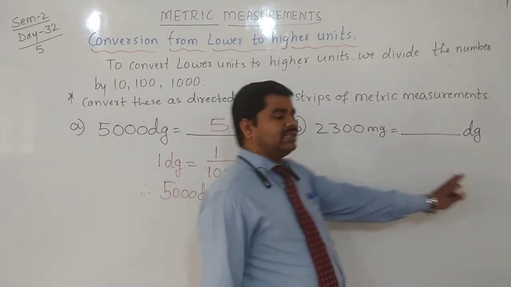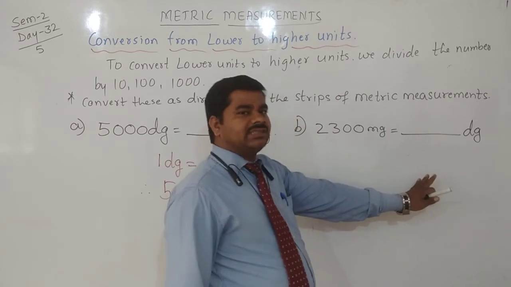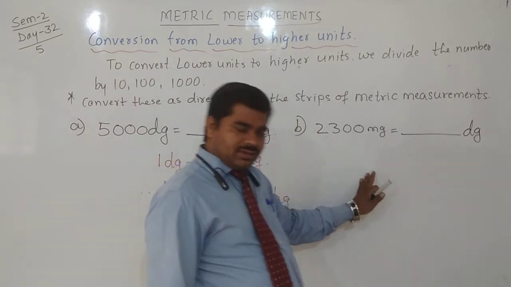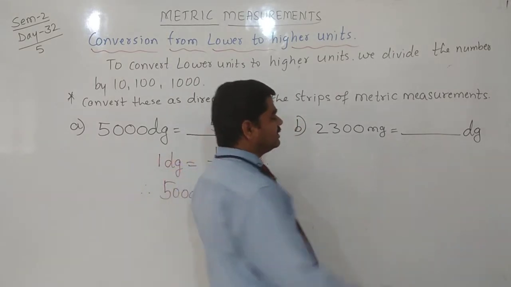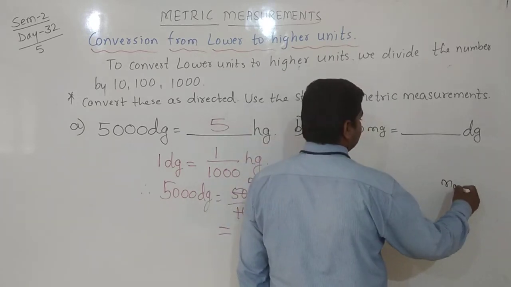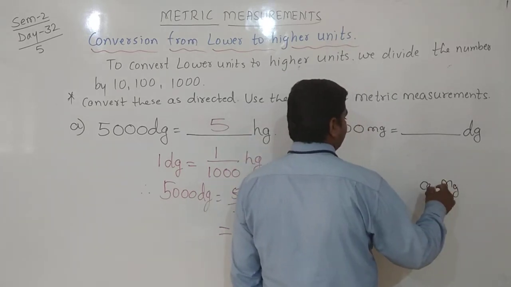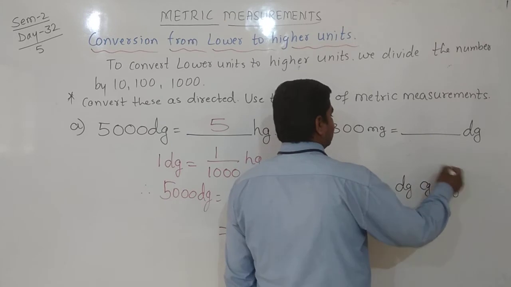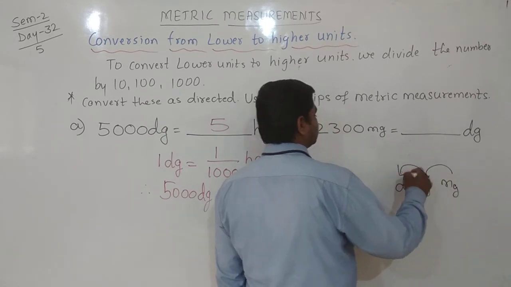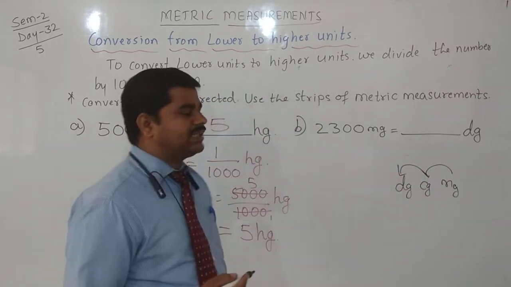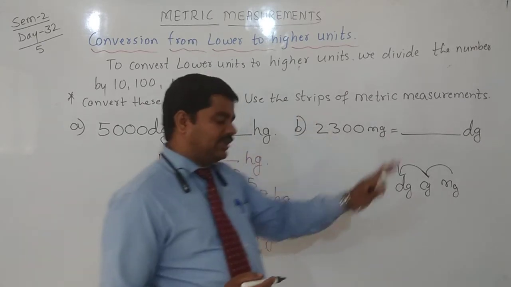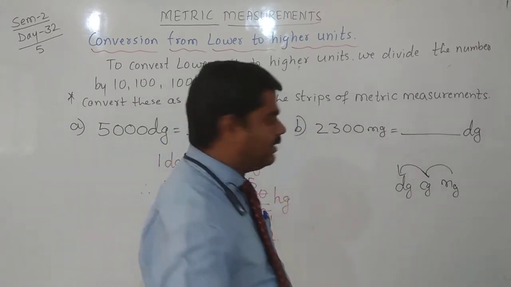Decigram means 2 places: milligram, centigram, decigram. 2 places towards the left side. Then you should divide by 100.